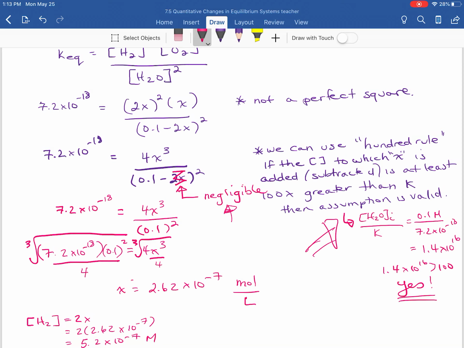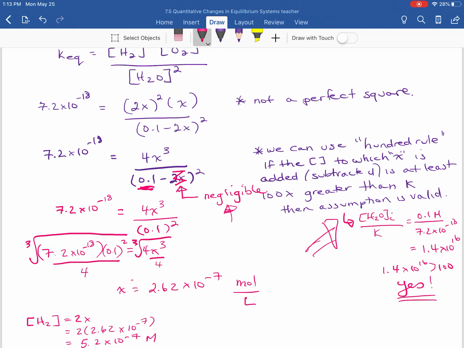It's negligible because your reaction doesn't go forward, because the K is so small. Because the K is so small, you're not making product, but more importantly, you're not using reactant. And since you're not using much reactant, this number doesn't change.